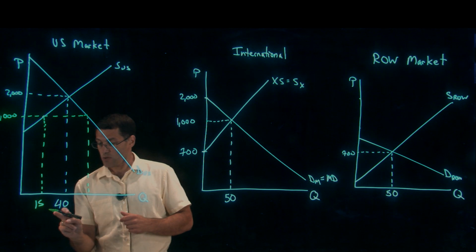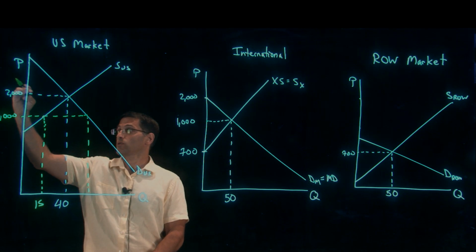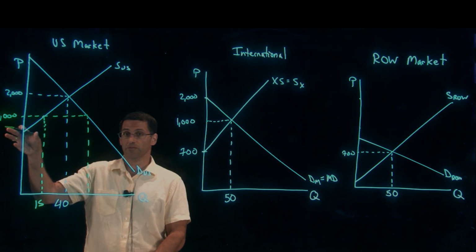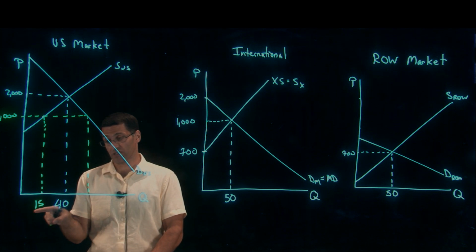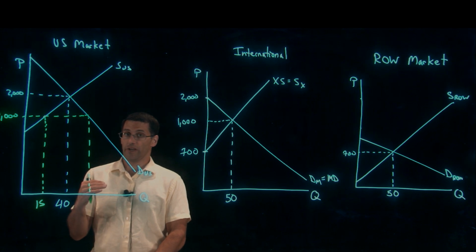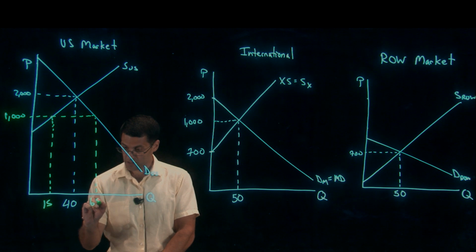So note the quantity supplied as the price drops. We open up to trade, price initially in autarky is 2,000, it falls to 1,000. As that price falls, quantity supplied in the US is going to decrease from 40 to 15. Quantity demanded, on the other hand, is going to increase, in this case from 40 to 65.